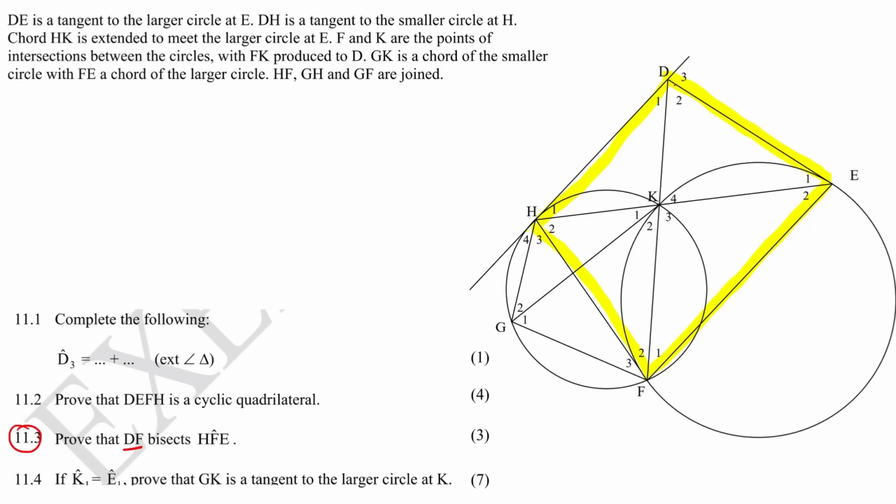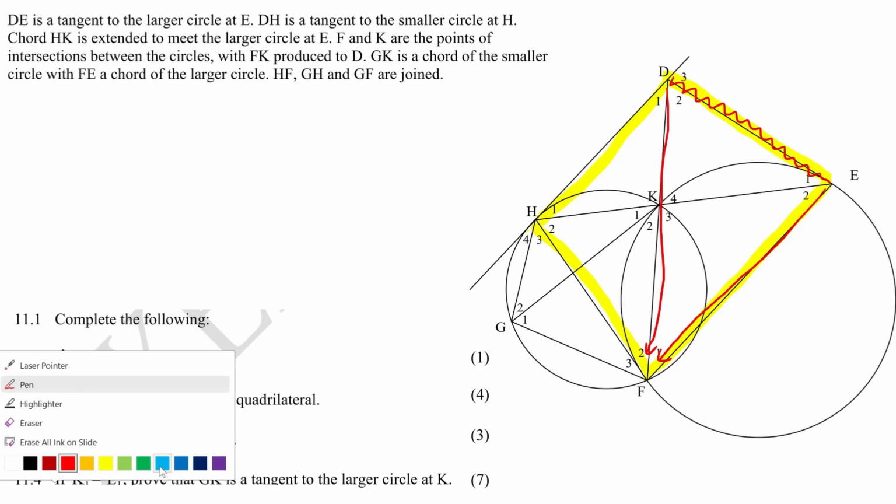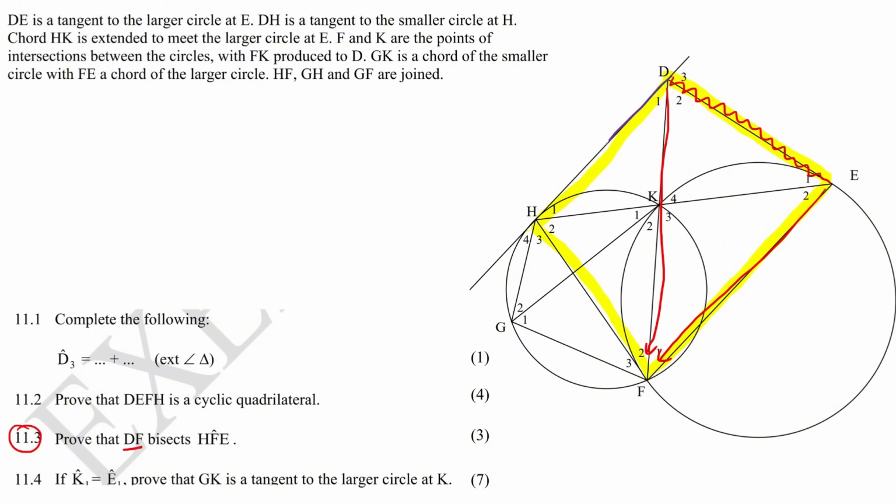One of them is that if this is now a cyclic quad, we can use angles in, whoa, that's actually a good circle. We're now allowed to use angles in the same segment. So if you look at this chord over here, that chord makes the angle F1 like that. But it also makes the angle H1.